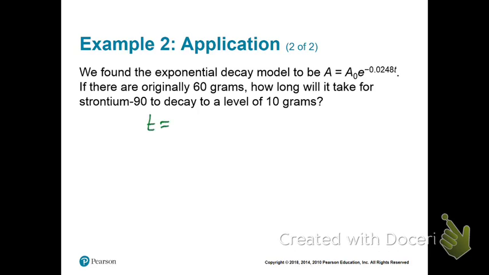So t was approximately what? 72.25. So the question is how long will it take for it to decay to a level of 10 grams? So in about 72 years.